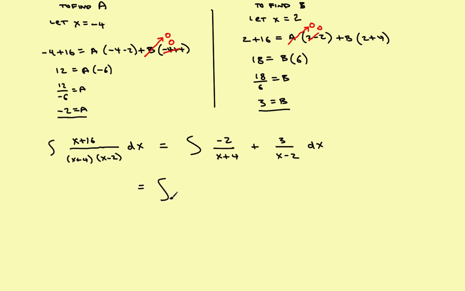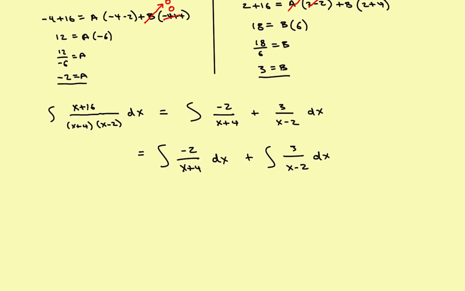So I'll make this be the integral of minus 2 over x plus 4 dx plus the integral of 3 over x minus 2 dx. So I'll just split it up into two integrals. Okay, now the next thing, I want to find those integrals.